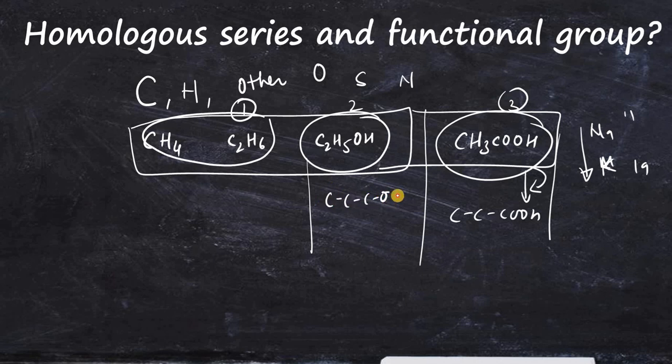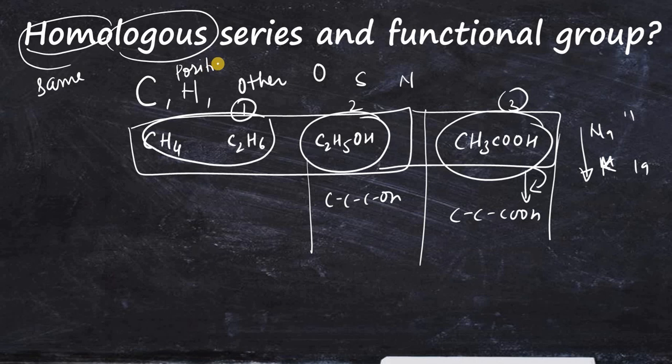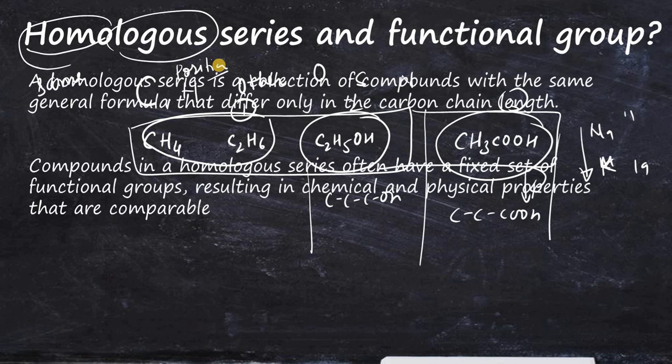This kind of arrangement is called a homologous series. Homo means same, logos means position. So here we are putting compounds in a proper series, talking about a kind of typical compound.